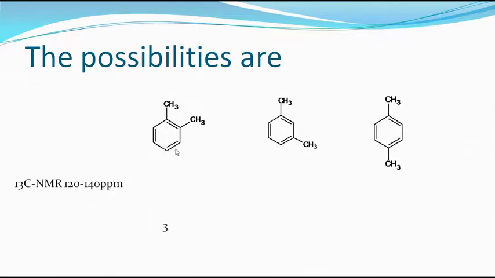What about this molecule? This one carbon is different, and that gives one signal. These two carbons are identical and give another signal. Therefore 1, 2, these two give one signal, 3, and this is 1. There are 4 types of carbon here, so it will give 4 signals.